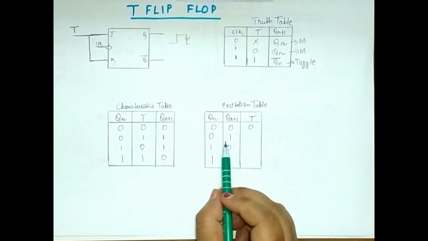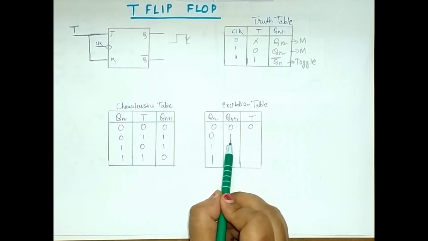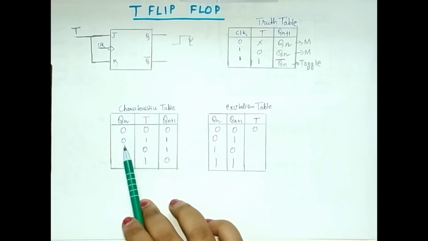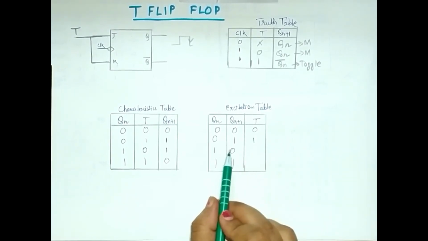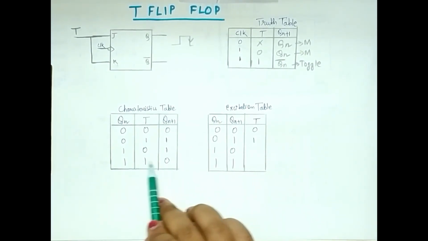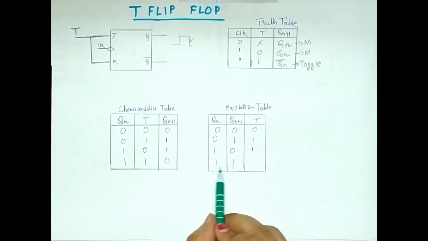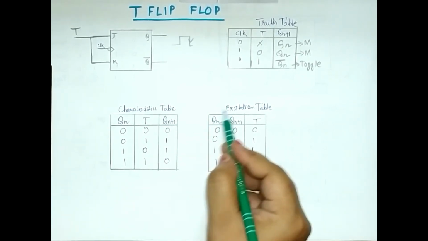When Qn is 0 and Qn plus 1 is 1, the value of T is 1. When Qn is 1 and Qn plus 1 is 0, the value of T is 1. When both are 1 and 1, the value of T is 0. So this is my excitation table.